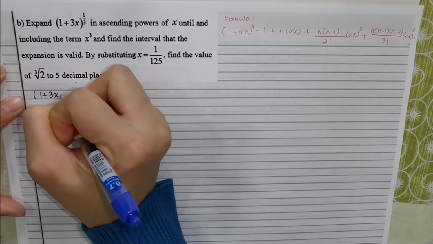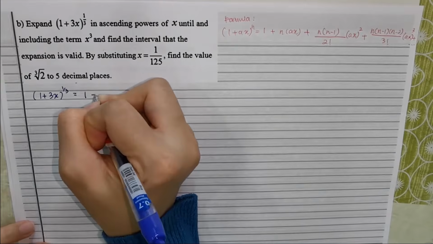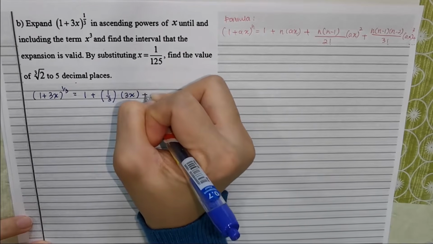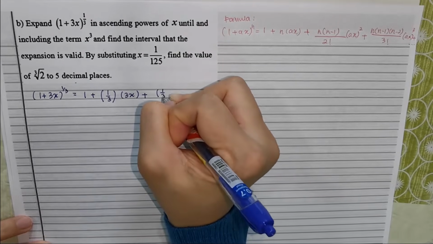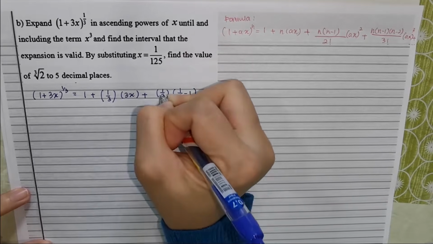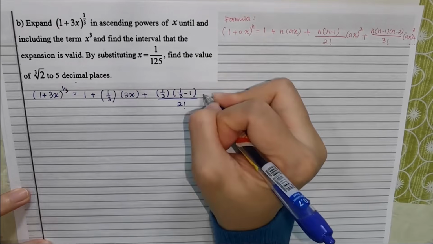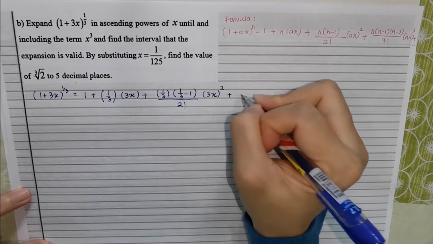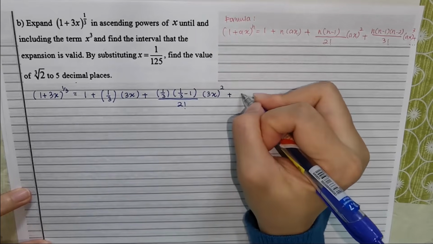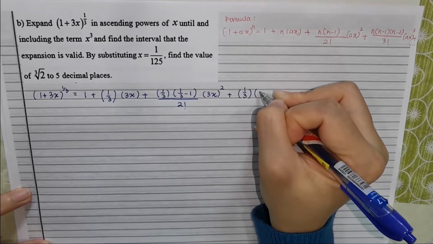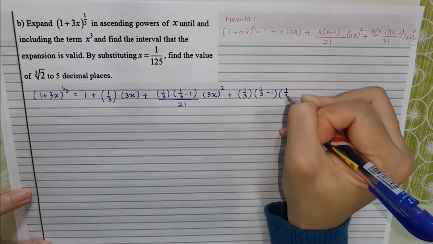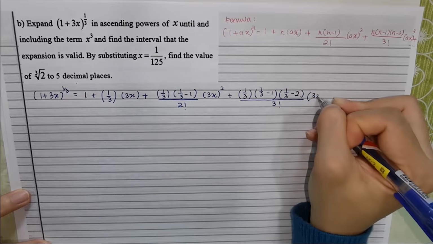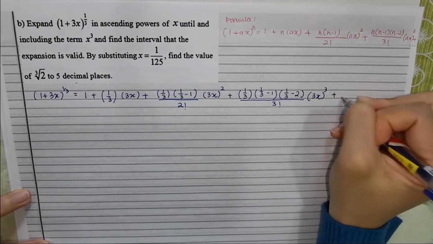Therefore (1 + 3x)^(1/3) equals 1 plus 1/3 times the second term 3x, plus (1/3)(1/3 minus 1) over 2 factorial times (3x) to the power 2, plus (1/3)(1/3 minus 1)(1/3 minus 2) over 3 factorial times (3x) to the power 3, plus the triple dot.